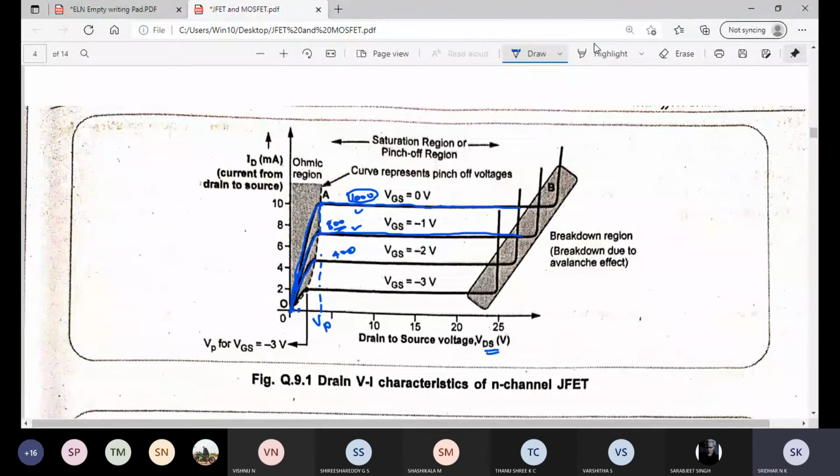So the current becomes saturated at a lesser current itself. This is for VGS equal to minus 2 volts. If you increase it further, again the saturation will fall down. So at one point, what happens?